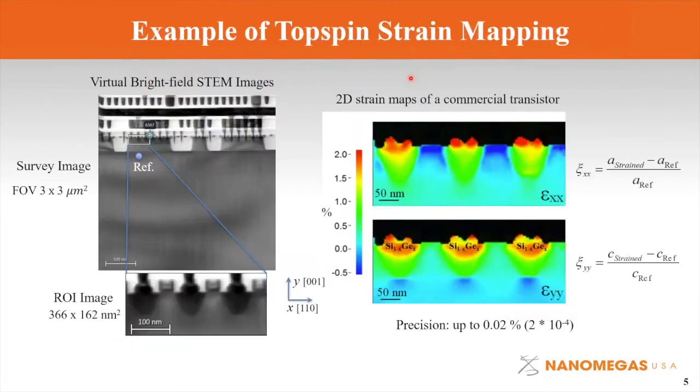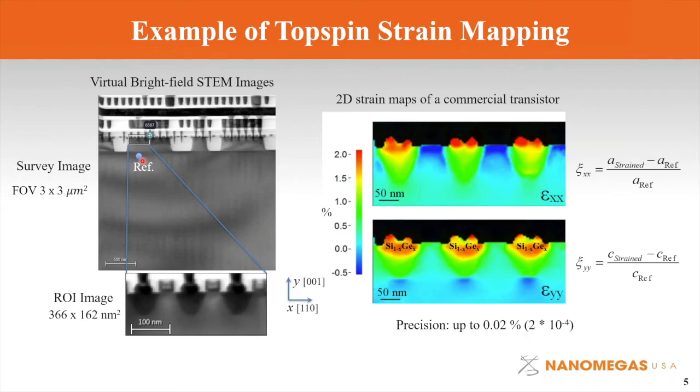The second example is Topspin strain mapping of a 2D commercial transistor. We have a P-type MOSFET here, actually. Shown on the top left, we have the virtual STEM image formed for survey purposes, specimen navigation. This is about 3 microns across.